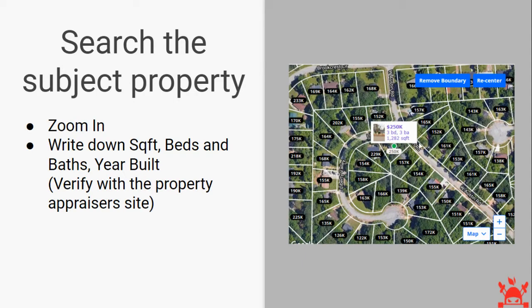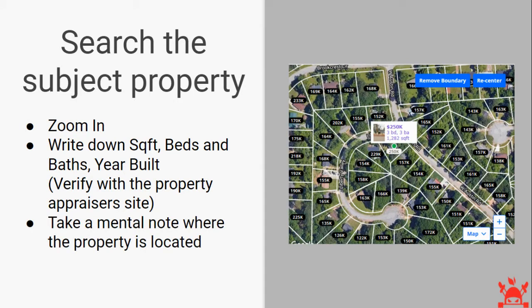Again, Zillow is not 100% accurate. So let's verify with the property appraiser site. That is not going to be 100% updated either, because if something got sold yesterday, it won't update right away. It will probably take about 30 days. Same thing with Zillow. But it's what we've got when we're starting, so that's what we're going to use.